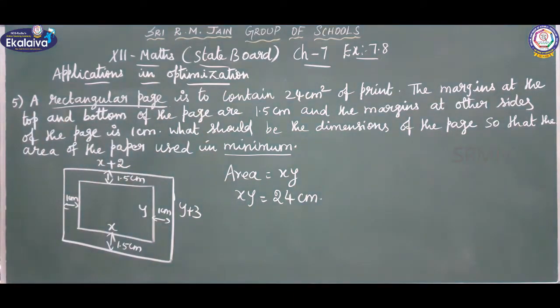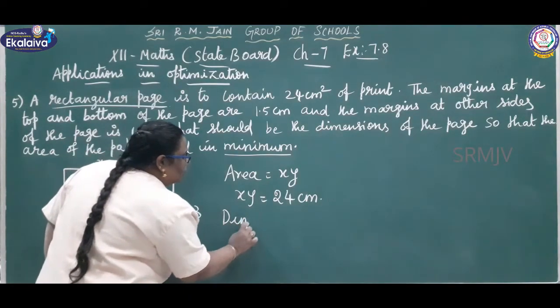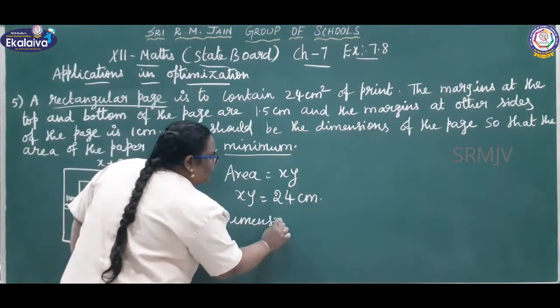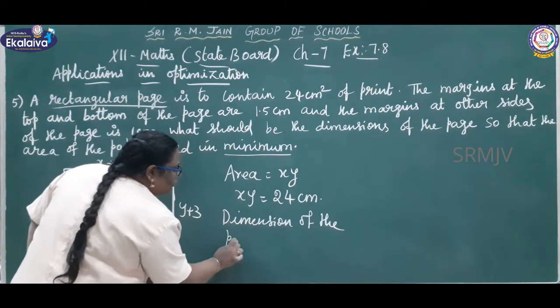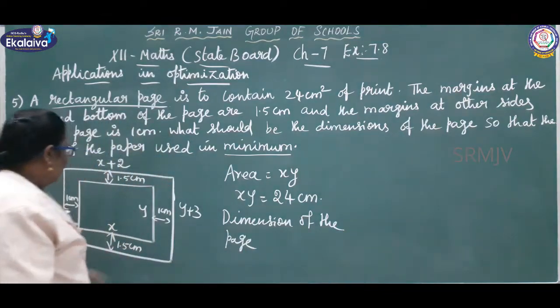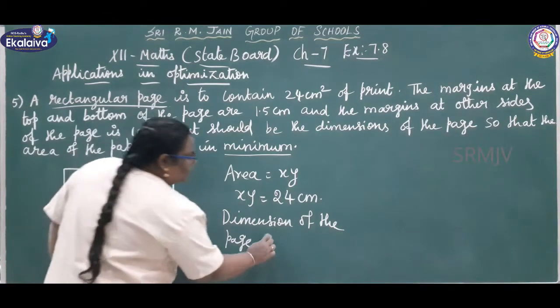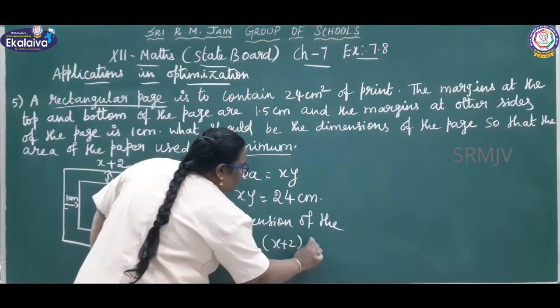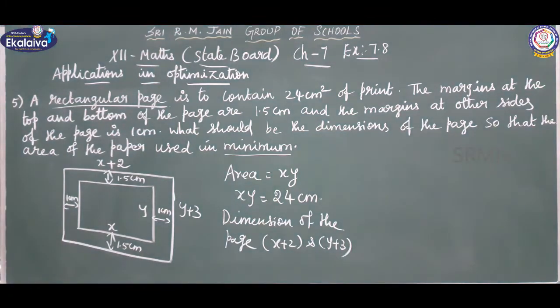Dimension of the page, the new dimension, is nothing but what? x plus 2 and y plus 3. Dimensions of the page are x plus 2 and y plus 3.